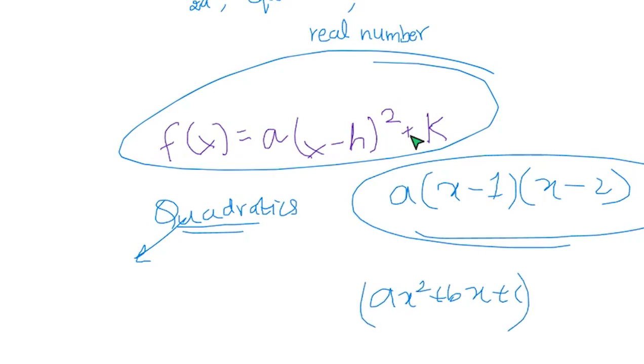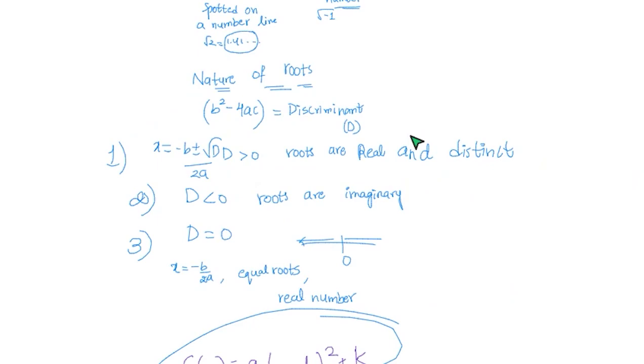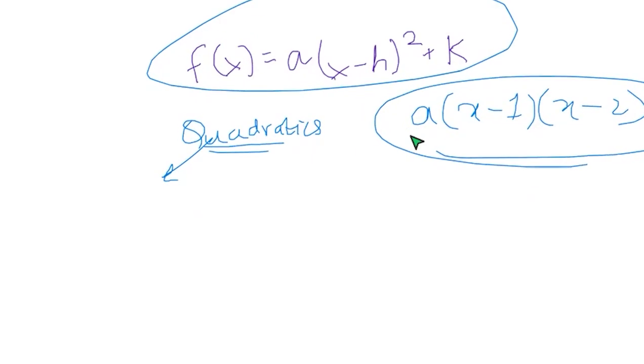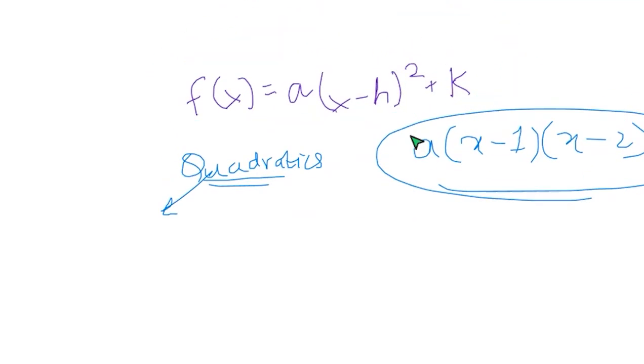This is the quadratic equation form, the general form, or standard form. Basically, just like how you might have learned in lines: standard or general form, slope intercept, point slope.